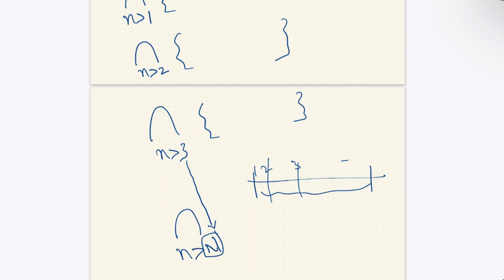For every choice of n, you intersect all of them.